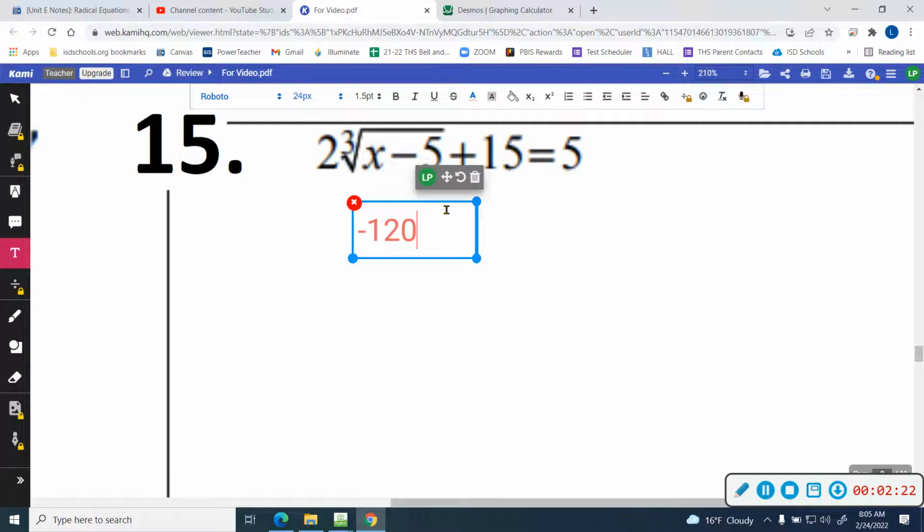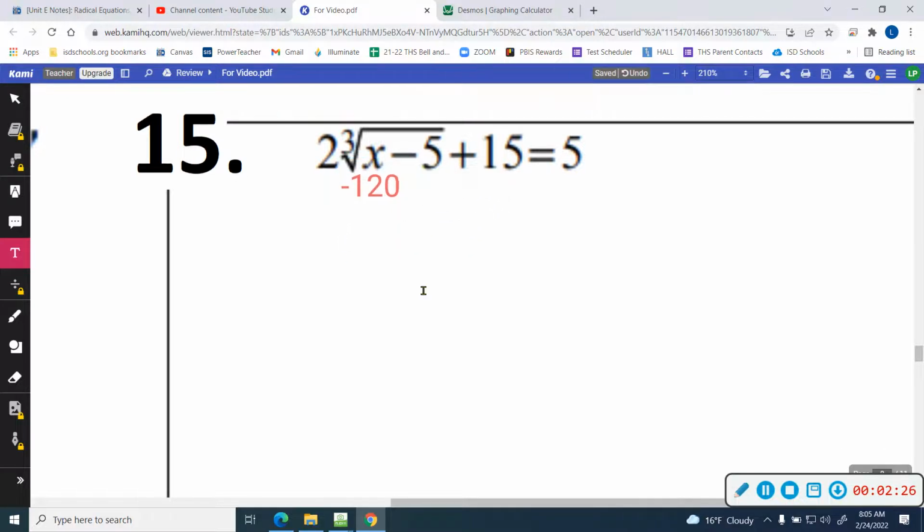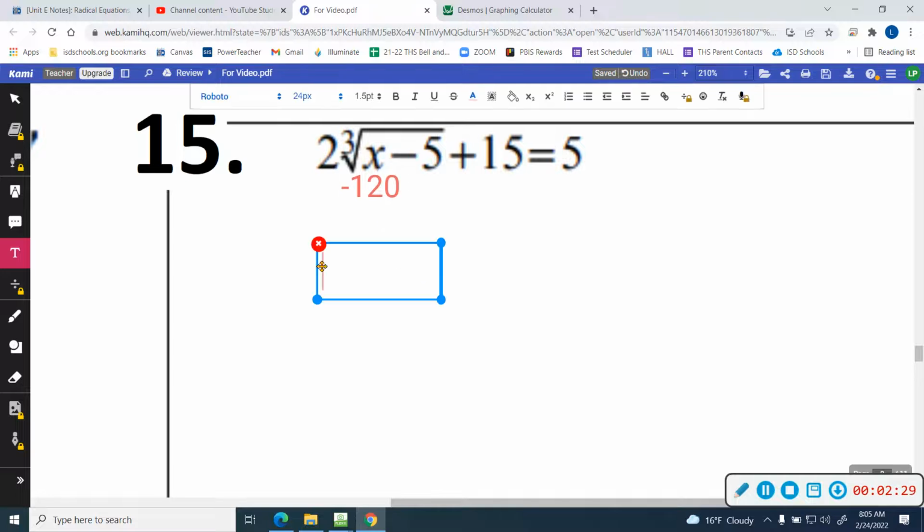It wouldn't be a bad idea to check your work. So if I plug negative 120 in there, let's see what I get. That'd be 2 times the cubed root of negative 125. So if this is cubed root of negative 125, what times itself is negative 125? That'd be negative 5 times negative 5 times negative 5.